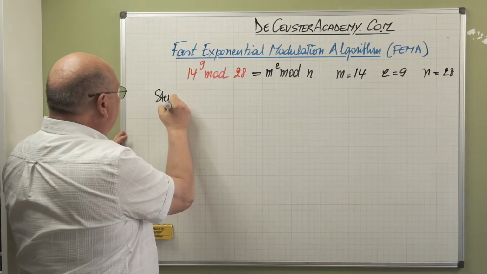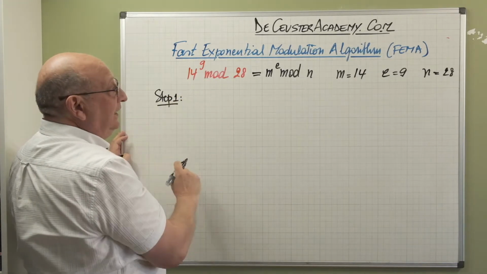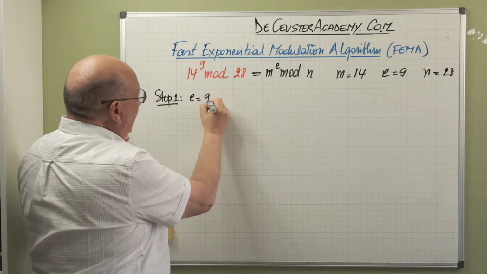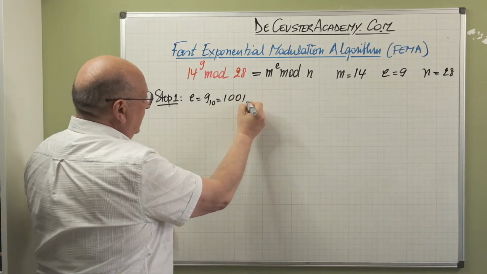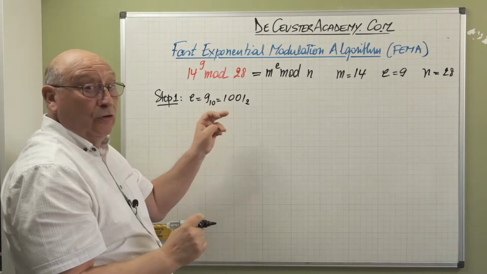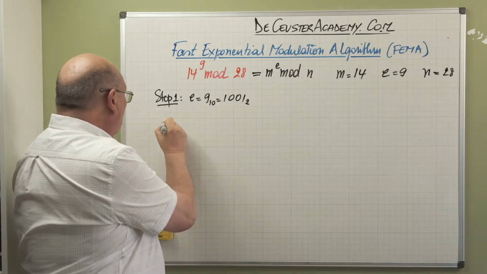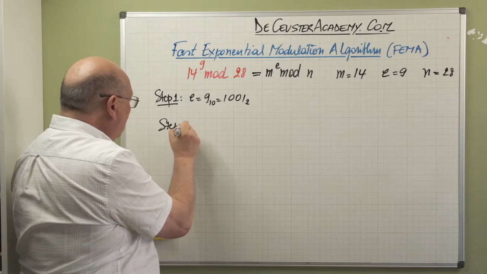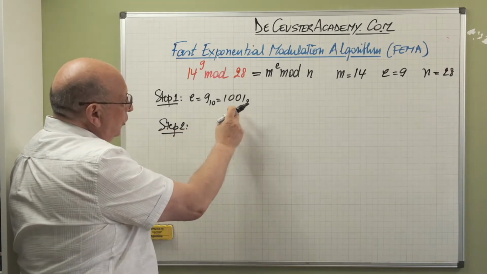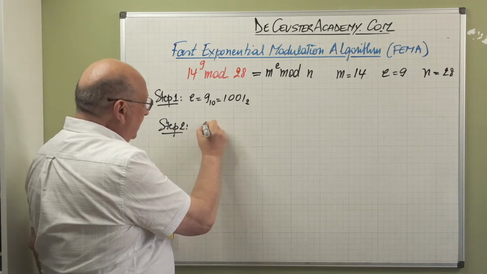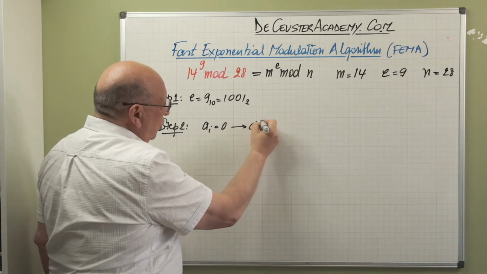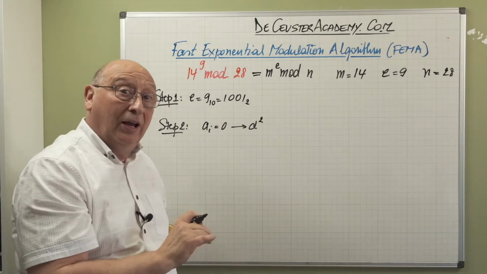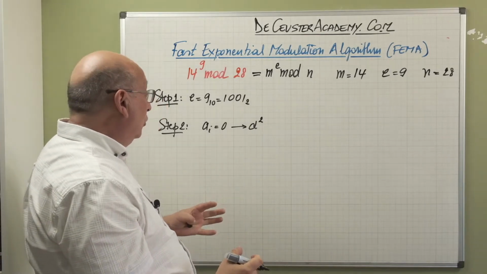Step 1, we're going to write e, 9 in base 10, as a binary number, and it's 1001. Step 2, we're going to calculate, depending on those parameters, when the coefficient is 0, we have only d squared that we calculate, and we calculate the modulus of it.